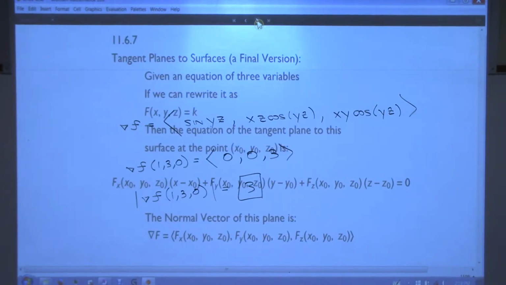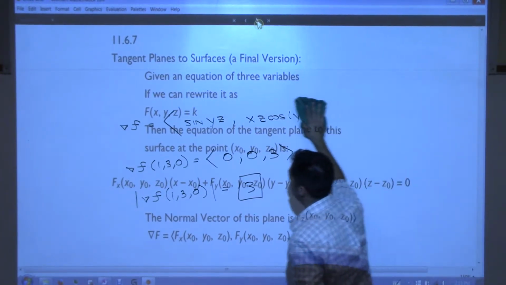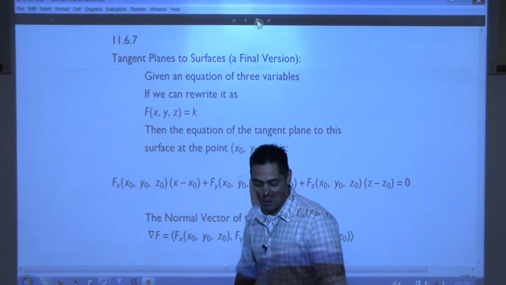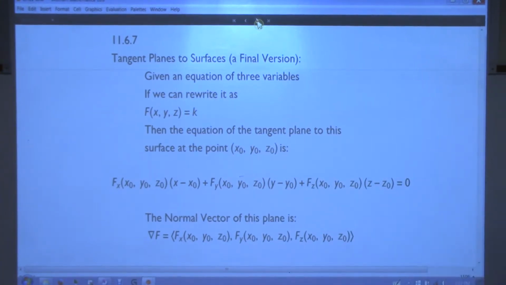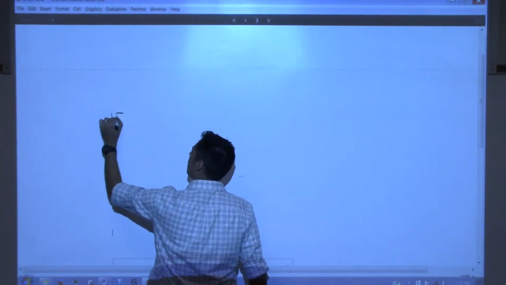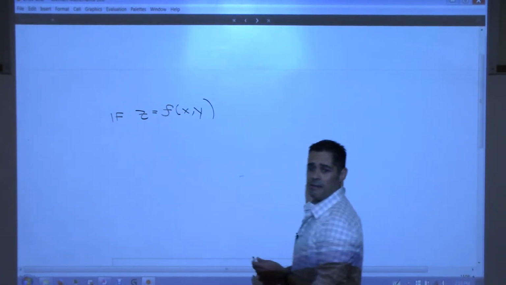All right, so tangent planes to surfaces. This is the last part of this section. So we already know, we've been exposed to the concept of the tangent plane. We did this, right? I'll remind you since it's been a while. What we had before was this: if z was equal to some function of x and y, that made a surface, right?